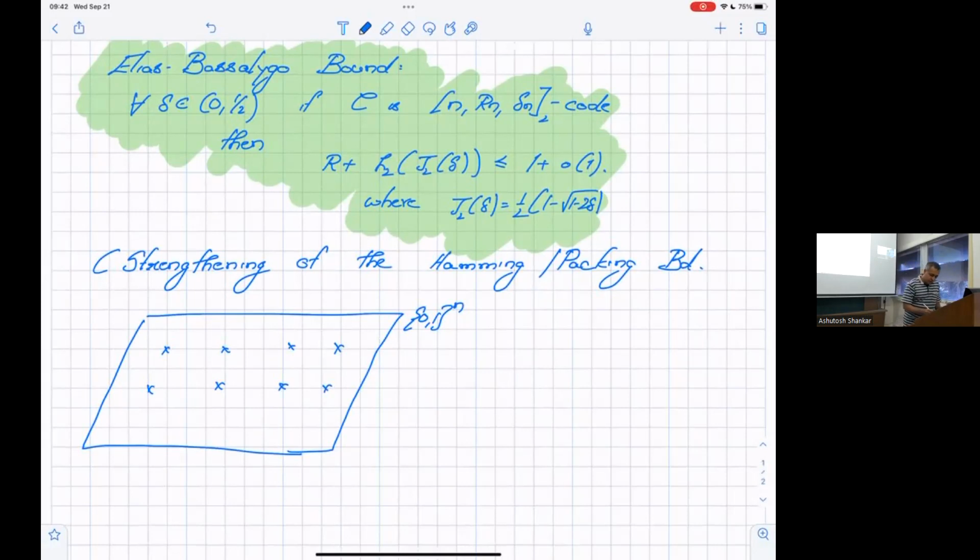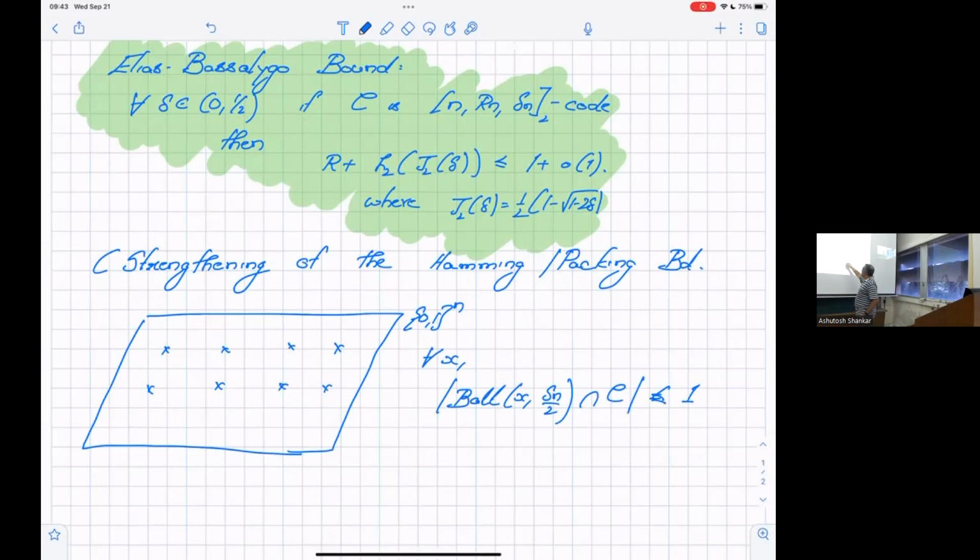And why was that true? That was true because of the following idea. For all x, if you draw the ball around x with radius delta n by 2 and intersect it with the code, then this is at most a singleton.